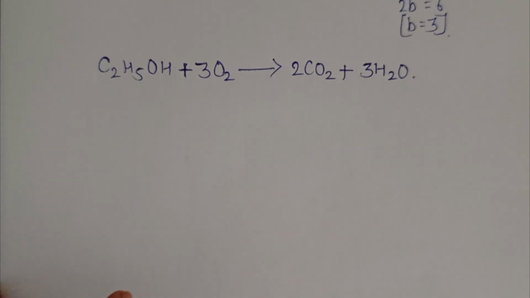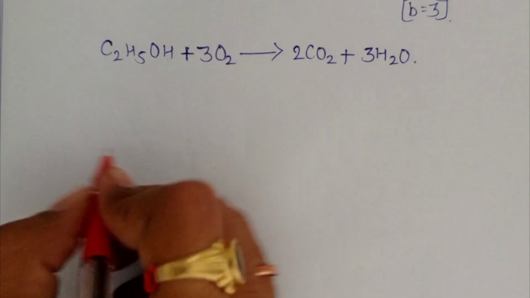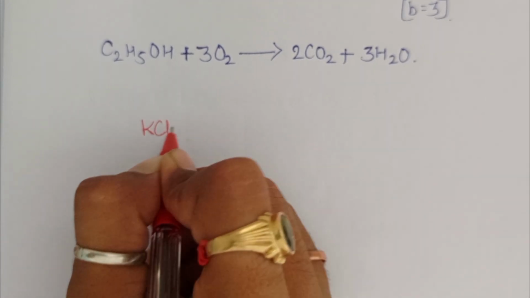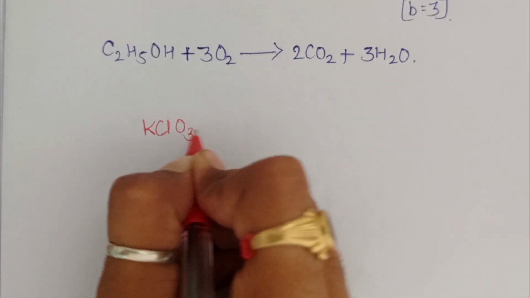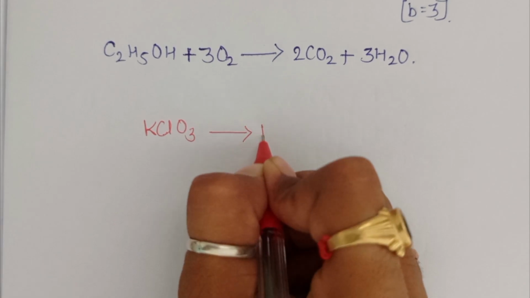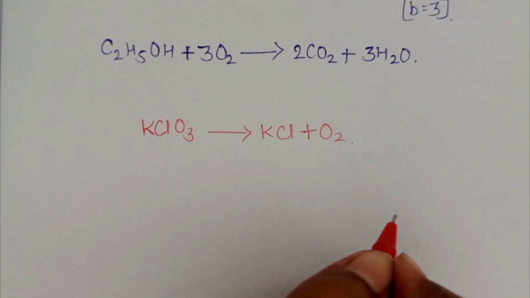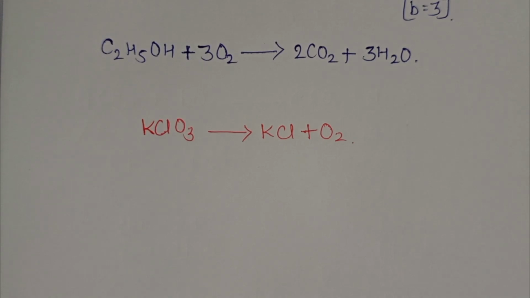The equation is KClO3 on the reactant side and on the product side KCl plus O2. Assign variables, write equations for K, Cl and O and solve. Drop your answer in the comment box below and I will feature the correct solution in the next video.